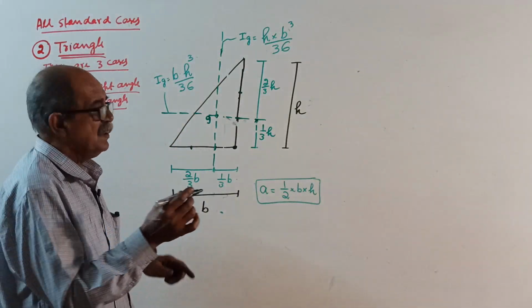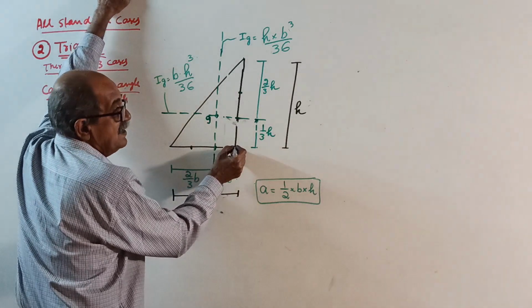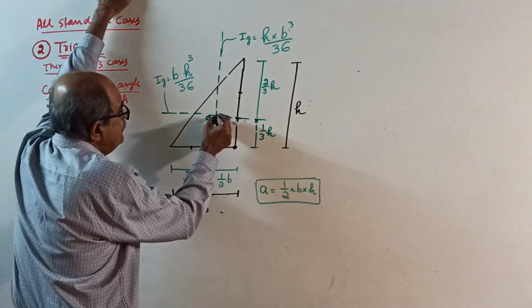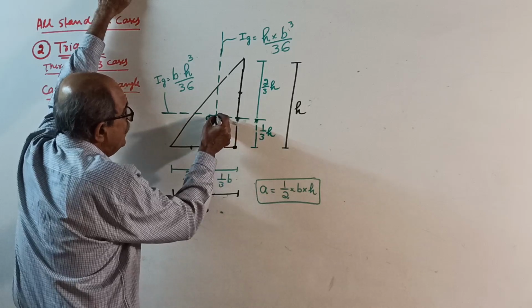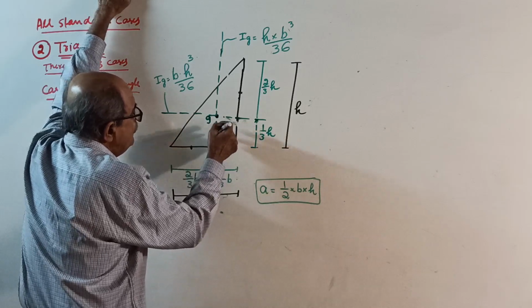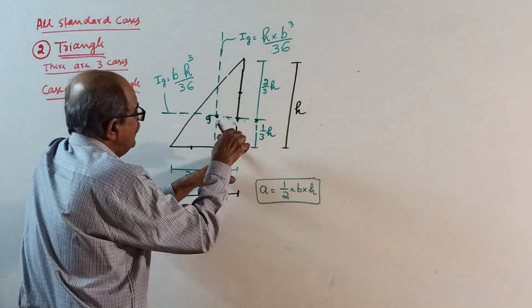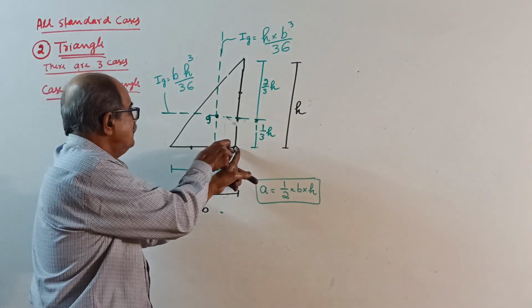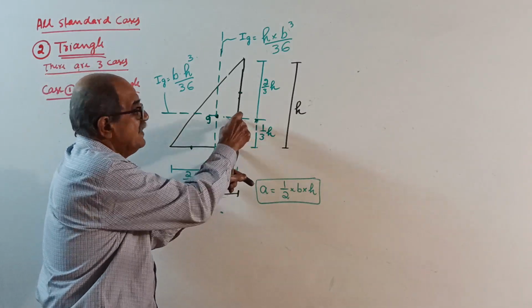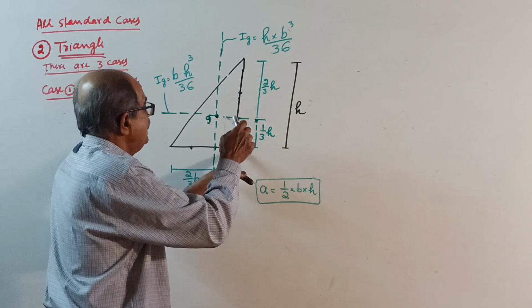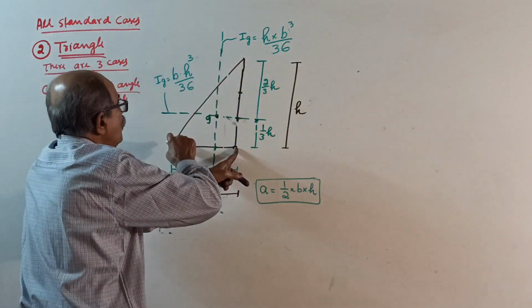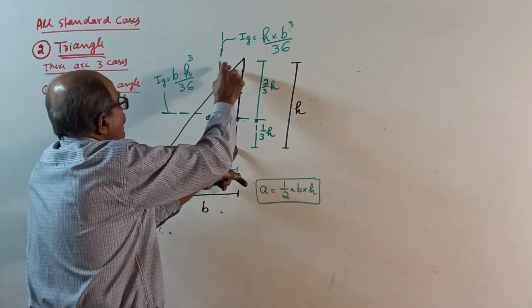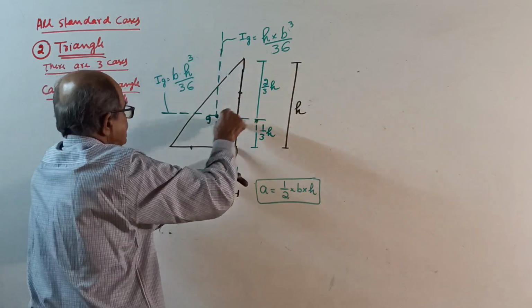If you start from the point where right angle is, both are 1/3, 1/3. Whereas from the other two corners, these you can call vertex, it is 2/3 and 2/3.